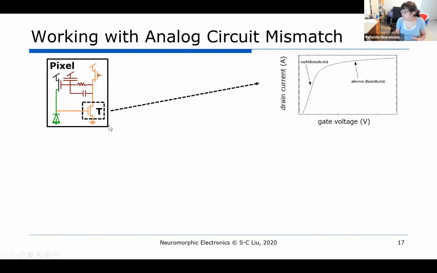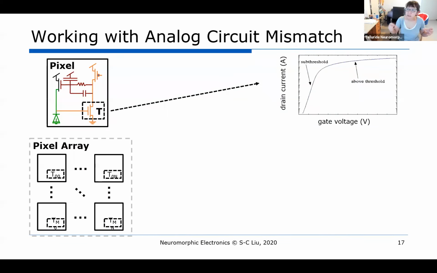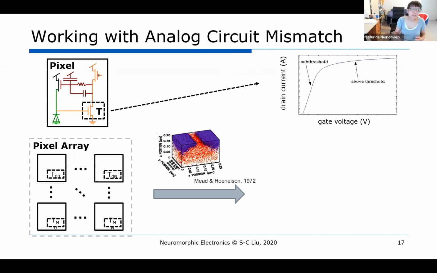Now, if I take this pixel and make multiple copies of it because I want to have an array of such pixels, do we expect to see the same curve again? Well, because of transistor manufacturing reasons, you actually have fluctuations in the dopants underlying the channel of a transistor.